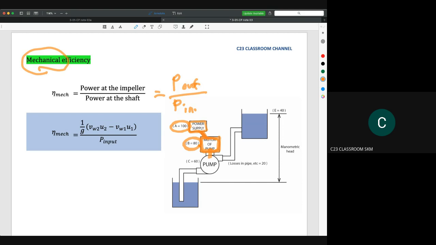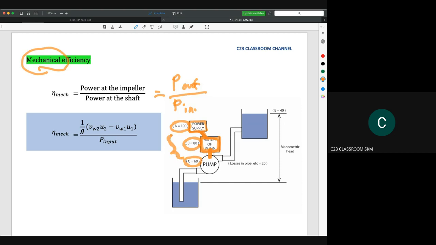And then the shaft here will give another resistance, so maybe it uses another 20 energy. So only 60 energy can be transferred to the pump, meaning transferred to the blade.